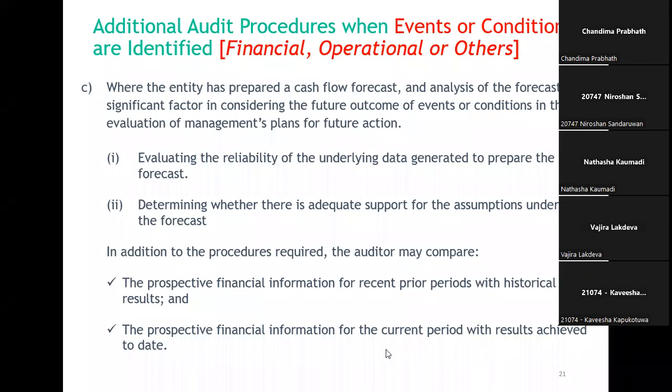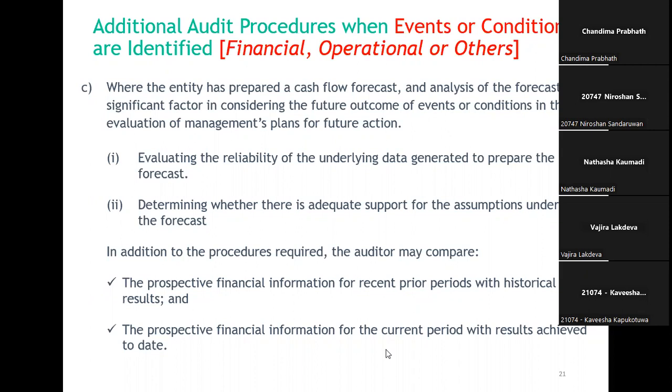Now, the cash flow forecast is prepared based on the budgets. So the budgets will have the expected revenue growth and the expected cost reduction and expected funding from the parent company if there is a letter of support or something like that. Use of unused banking facilities likewise, right?